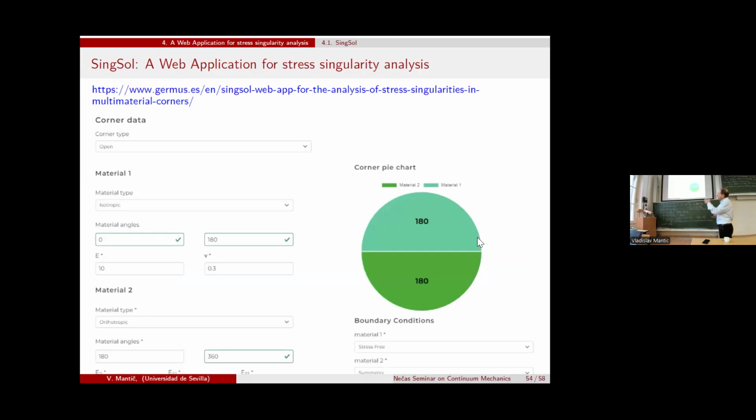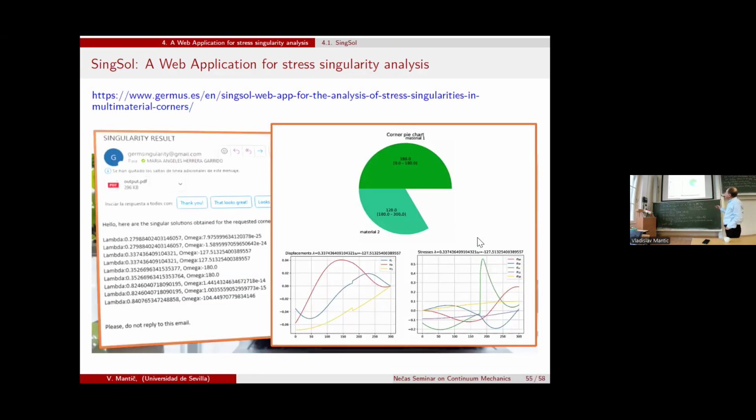It will tell you that you are doing something which is not possible, etc. It informs you about the corner you are defining, and at the end you need to input your email, and the problem is sent to our cluster, and at the end you should receive an email with the solution. I mean, with values of singularity exponent lambda.